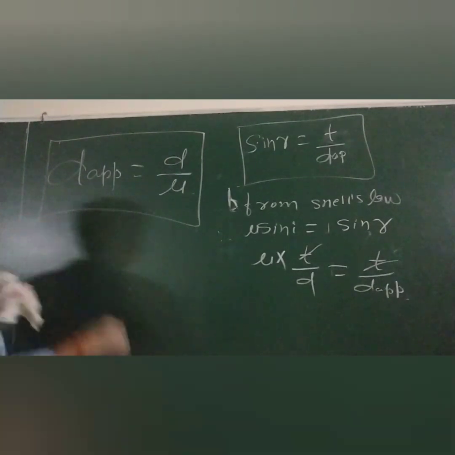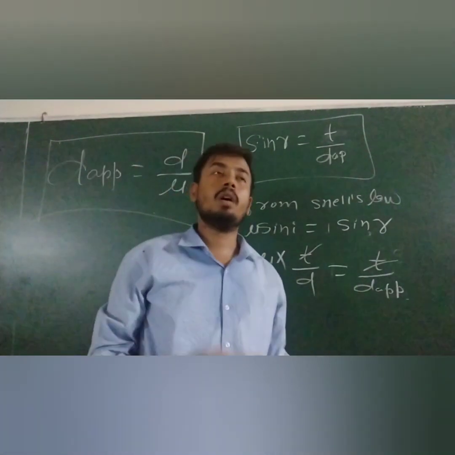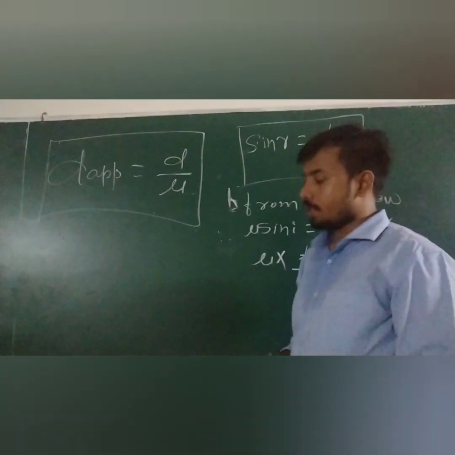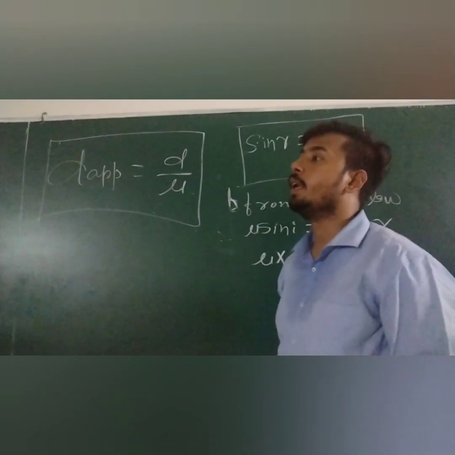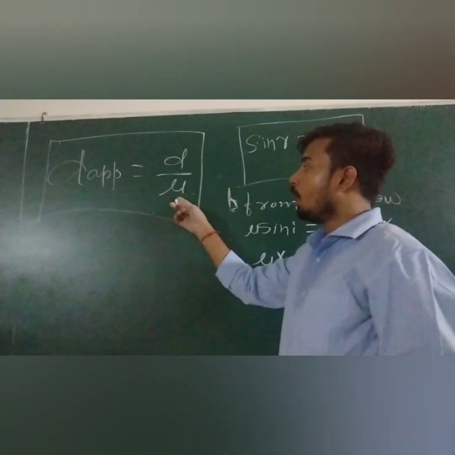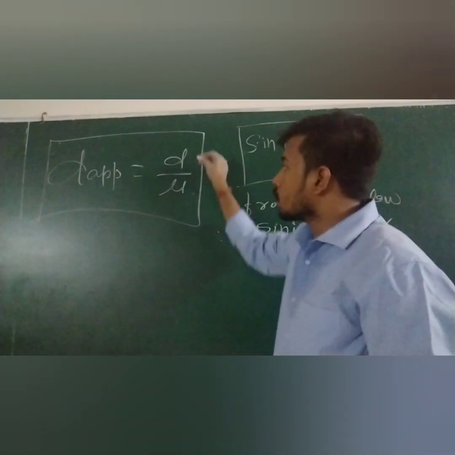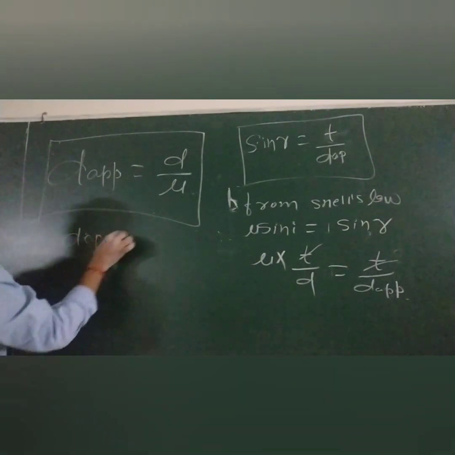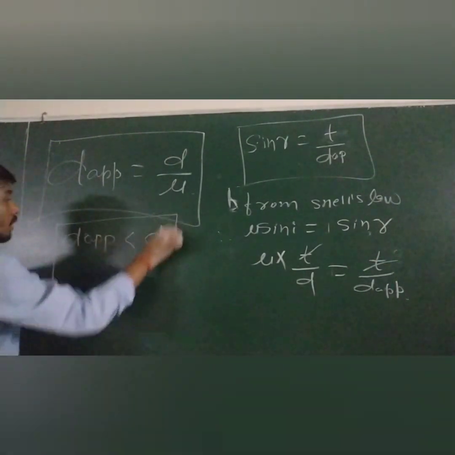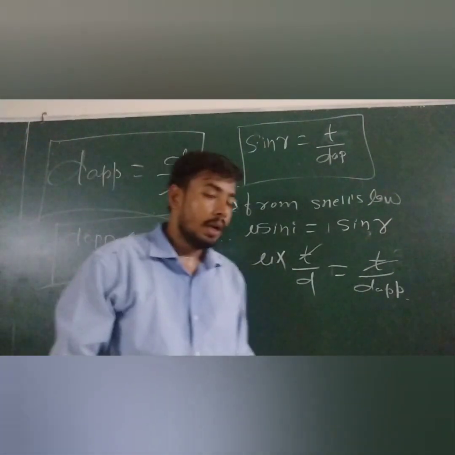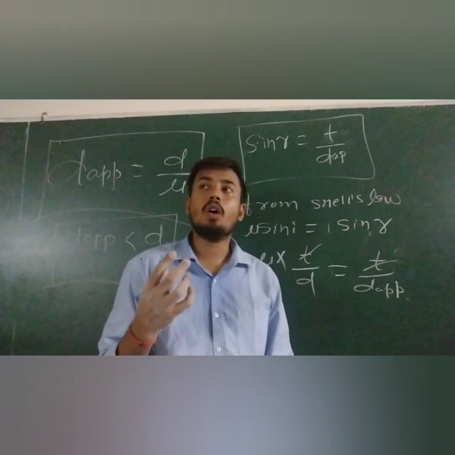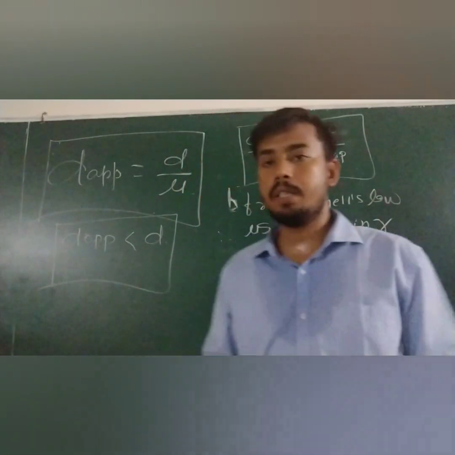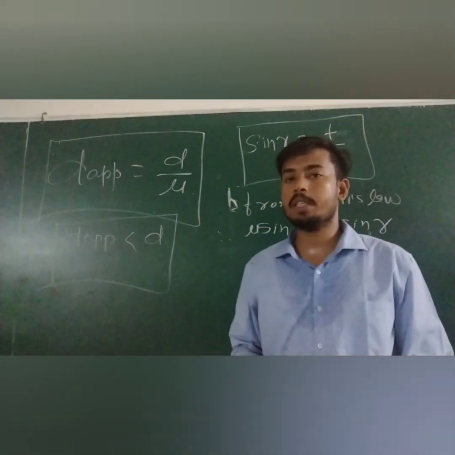What was the result in the previous case? We got mu into d, which was multiplication, and here it is division. Again, mu is always greater than 1, so d apparent will always be less than d. So in the second case, the object always appears at a lesser depth as compared to the original depth.